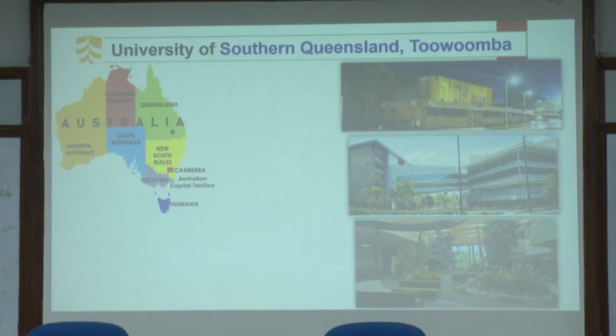The capital of Australia is Canberra. Most people think it's Sydney, but no, it's Canberra. Around a 2-hour ride from the Brisbane airport is the University of Southern Queensland in Toowoomba, a town in Queensland.